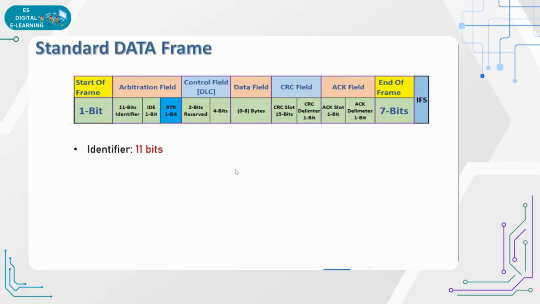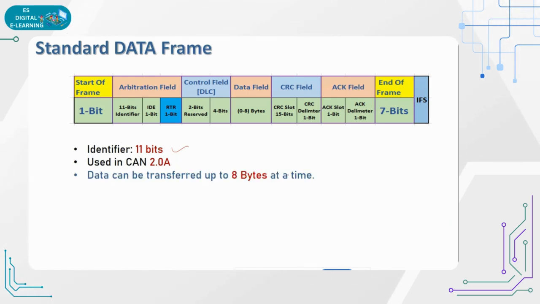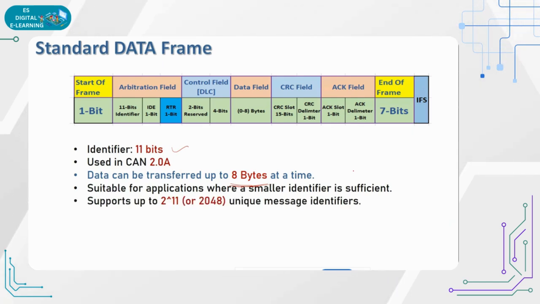Next, the data frame. Just to revise these points: the identifier is 11-bit, and we are able to send 8 bytes of data at a time. It is used for smaller identification numbers, more like low speed or fewer identifiers.